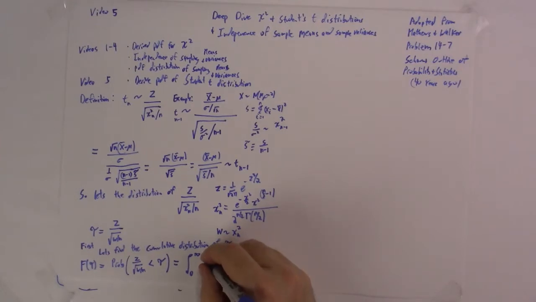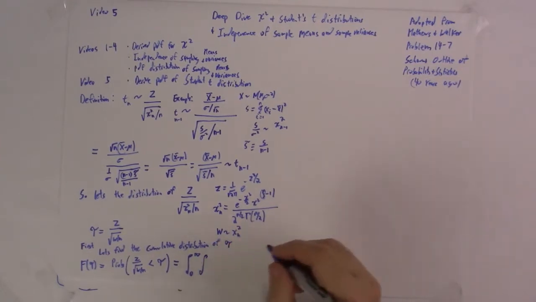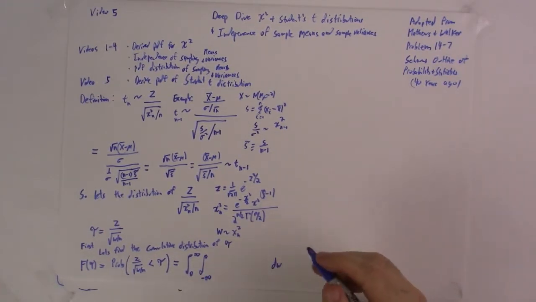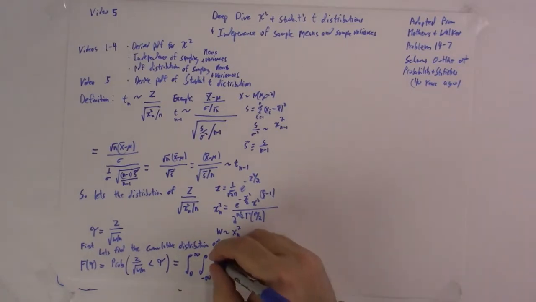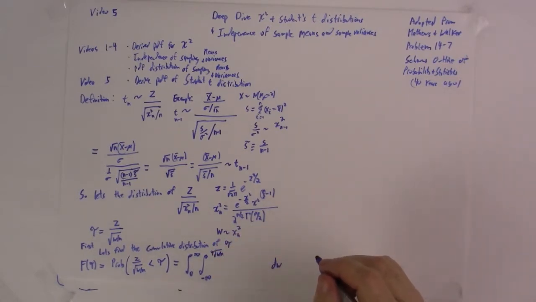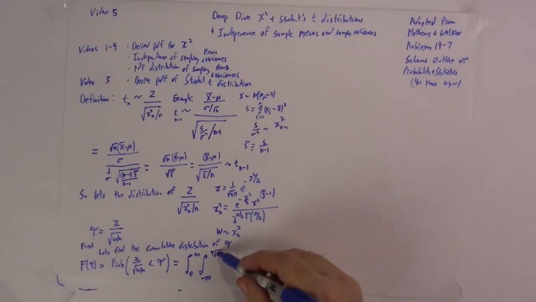And the inside integral, the normal variable z, goes from minus infinity up to, since z over this is less than tau, z only going up to tau times the square root of w over n. So this is a little tricky because the outside integral involves a variable, and that variable occurs in the limit of the inside integral.